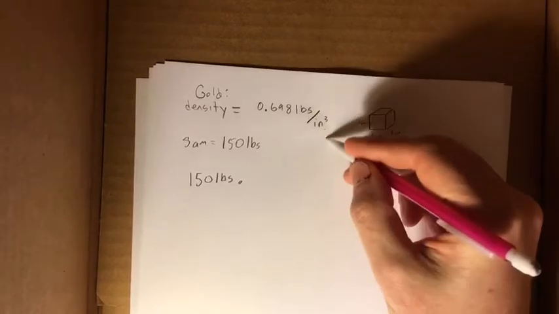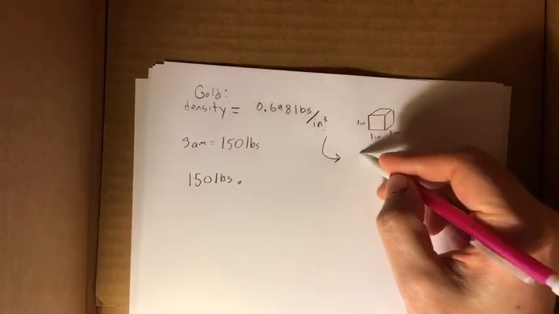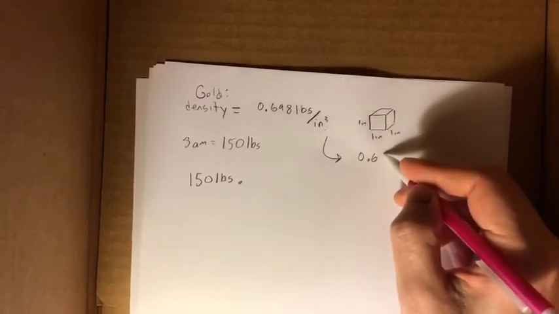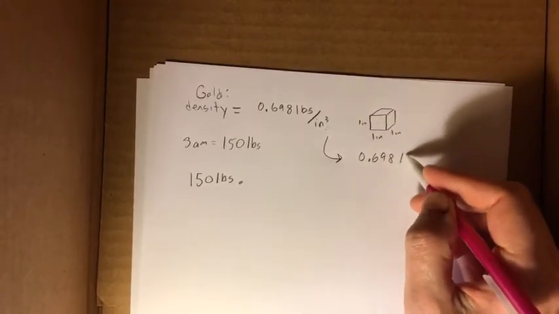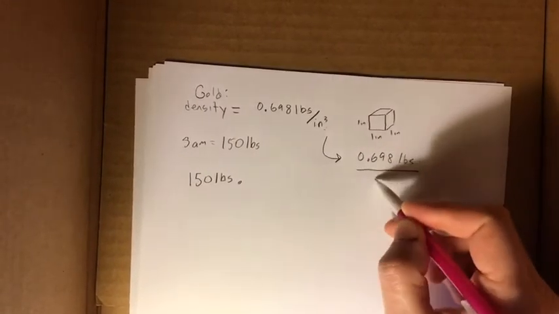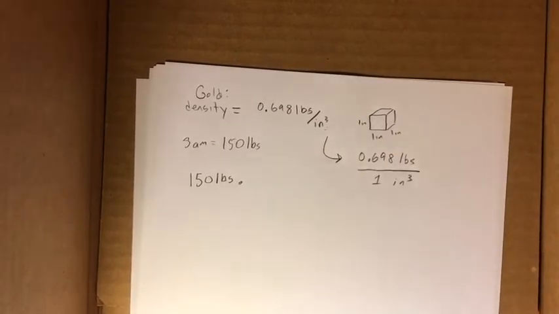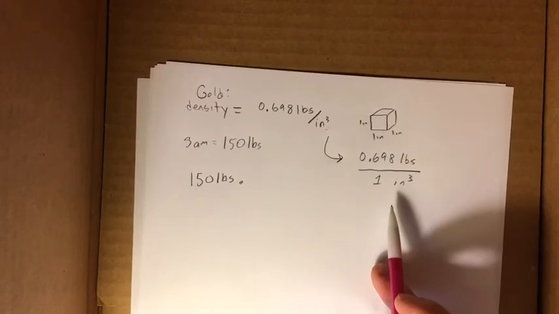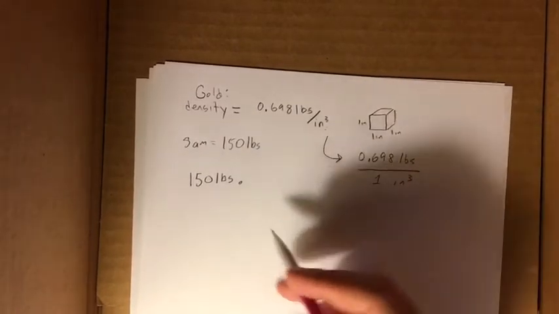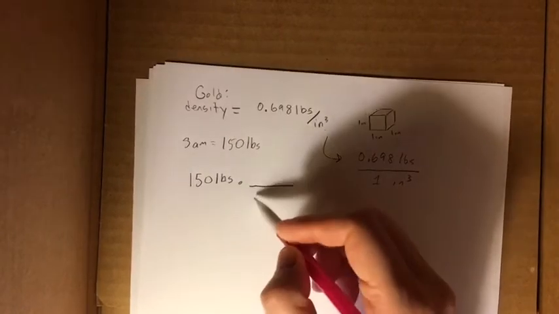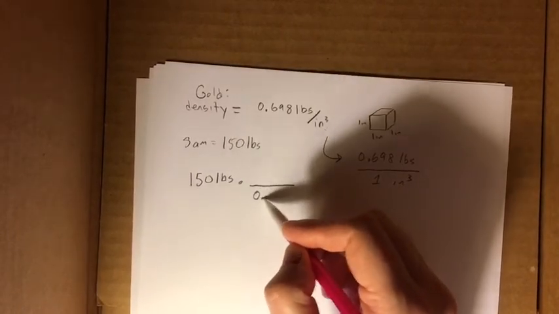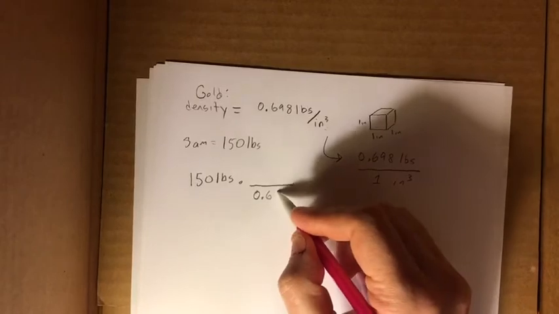So this is really saying that there are 0.698 pounds per 1 inch cubed. Okay, so we're going to make that into a fraction. And since we want the pounds to cancel out, we're going to flip this fraction.